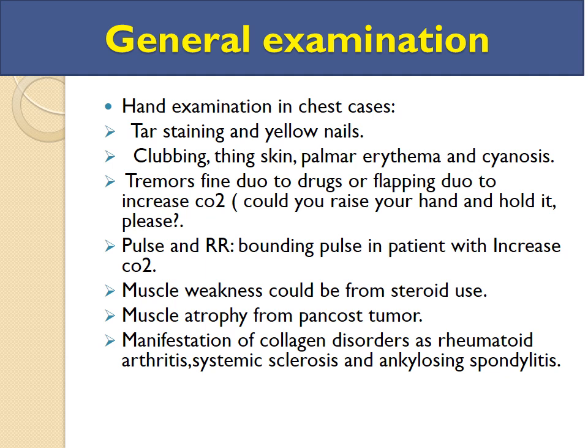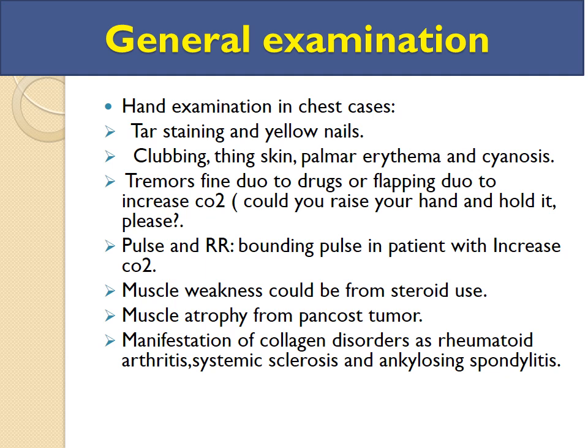Clubbing is one of the important signs in the chest, because it indicates this patient has toxic manifestation. I mean that this patient has suppurative lung disease, like bronchiectasis, or cystic fibrosis, or cancer.